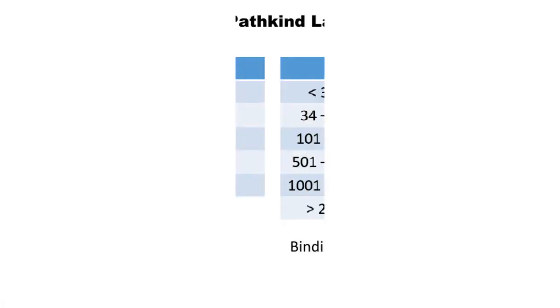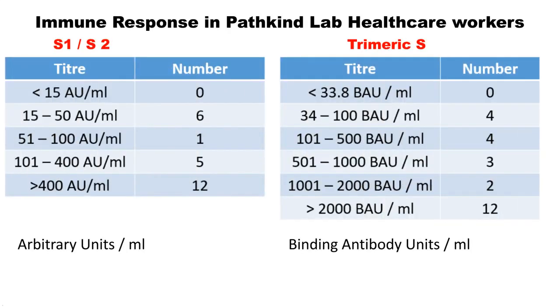When we tested them using S1, S2, 12 had more than 400 arbitrary units per ml. But when we tested with Trimeric, we found that Trimeric was much more sensitive, and 12 of them had more than 2,000 binding antibody units per ml, and many of them had higher titers.